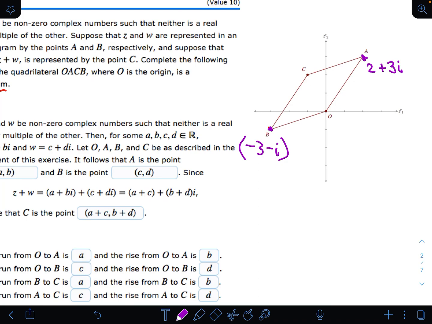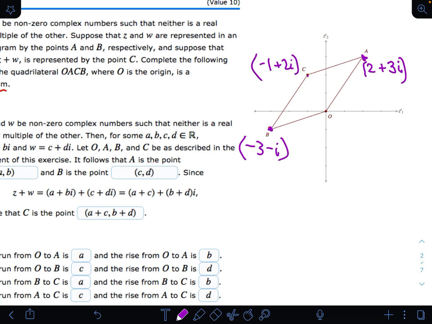Well, if C is the sum of A and B, negative 3 plus 2 is going to be negative 1, and it does line up with the negative 1 right there. And wait, there's more. Negative i plus 3i is going to be plus 2i, and yes, it is positive 2, lined up with 2 notches up on the vertical axis.